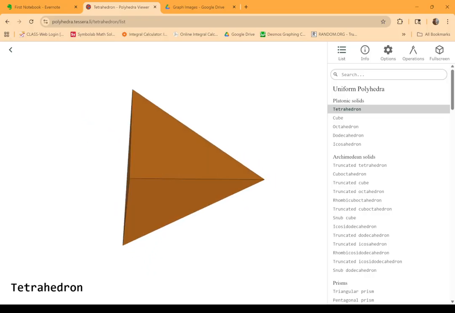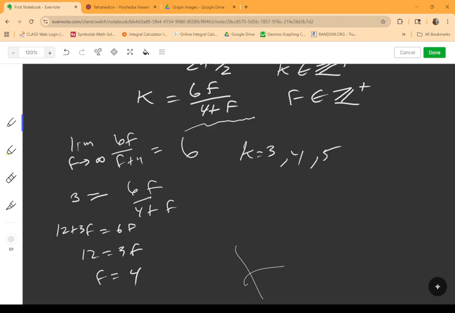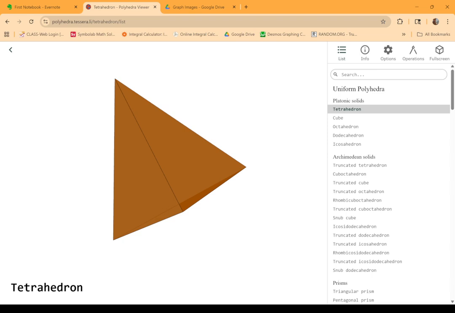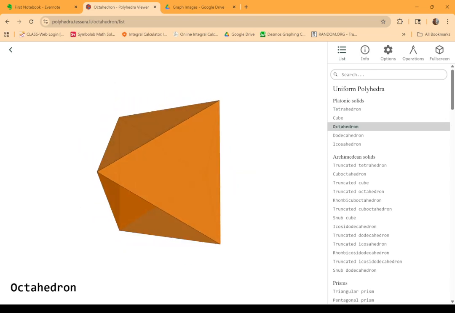4 equilateral faces. And when k is 4, solving that same equation, we get 8, and that is my octahedron. We get the 8 faces of our equilateral triangles.